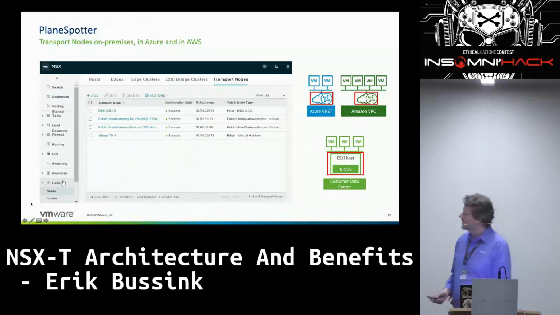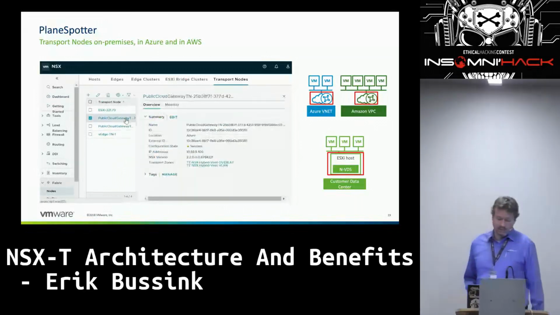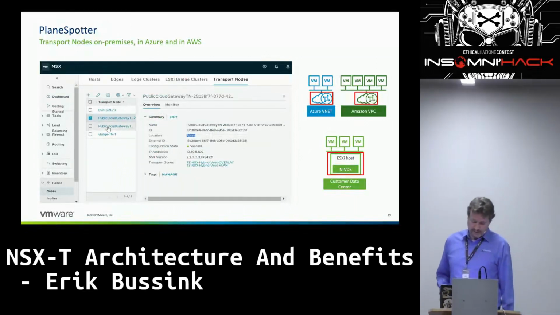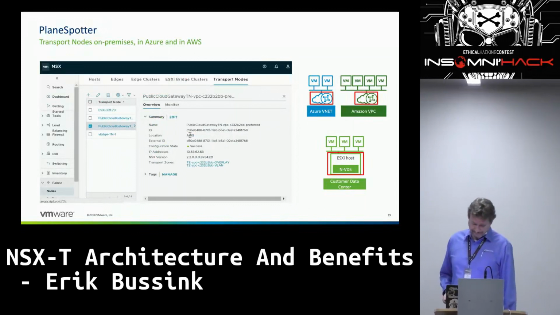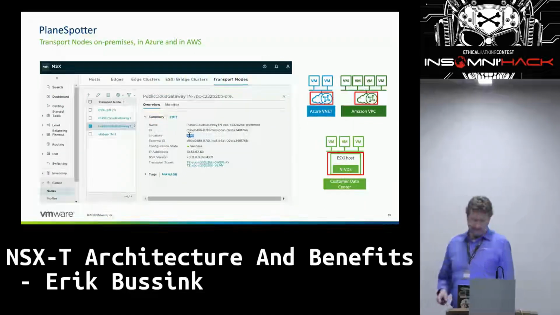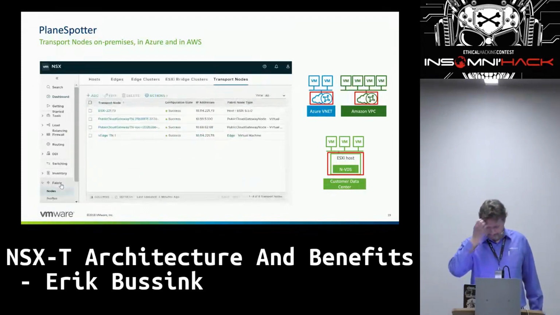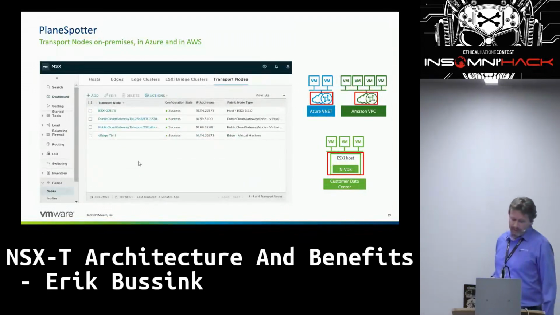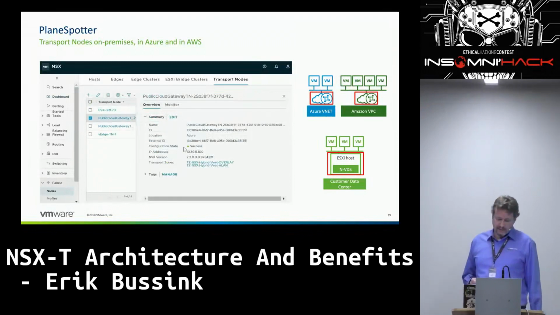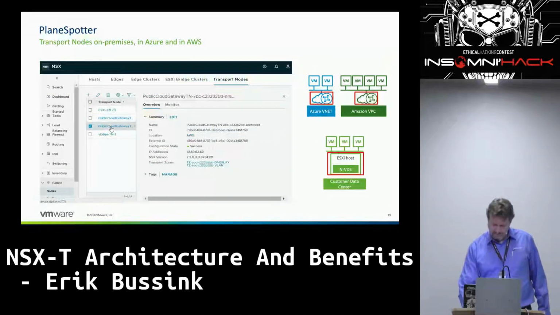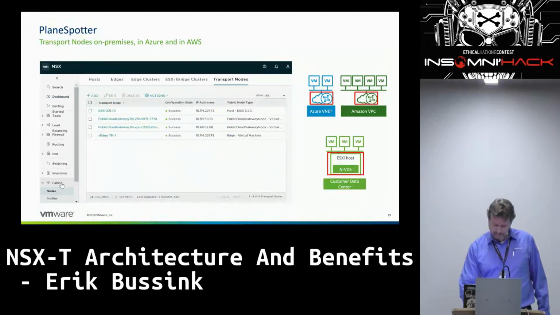And what we're going to see here are the public cloud gateways going to Azure and AWS, connected to different VPCs. So when I look into these clouds, that's the same video, moving on to the next one.